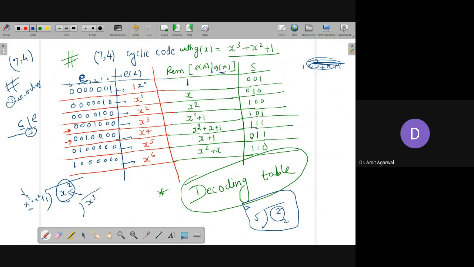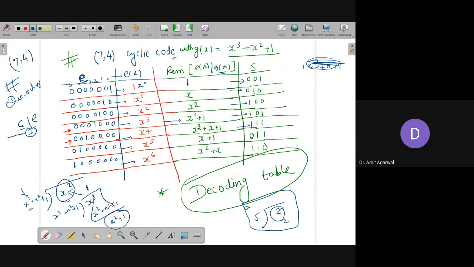Now we divide x cube by x cube plus x square plus 1. We write 1 for the quotient. What is its remainder? The remainder is x square plus 1. Once we get all of these entries for the remainder of Ex by Gx, we write its corresponding vector.